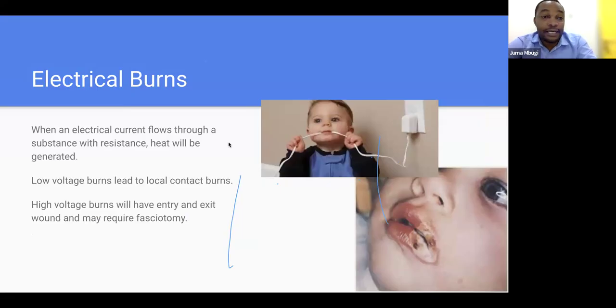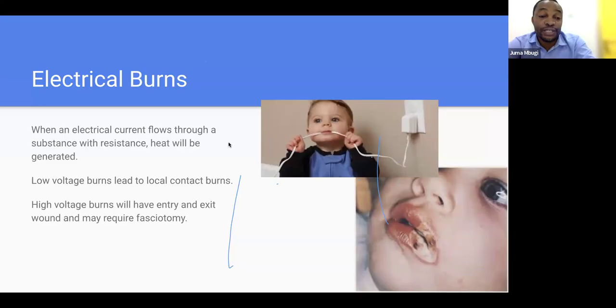And the last is electrical burns. Electrical current flows in tissues with low resistance, like blood vessels, nerves, and muscles. Whenever electrical current meets something with higher resistance, the damage will be higher. When an electrical current flows through a substance with resistance, heat energy is generated. This is thermal energy, and this is what causes the burn injury.